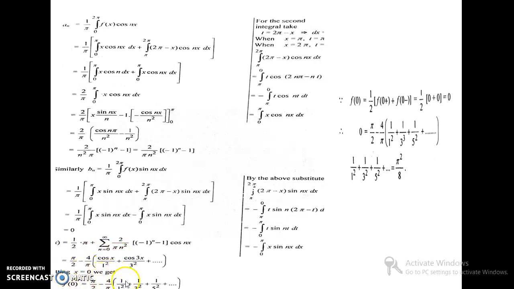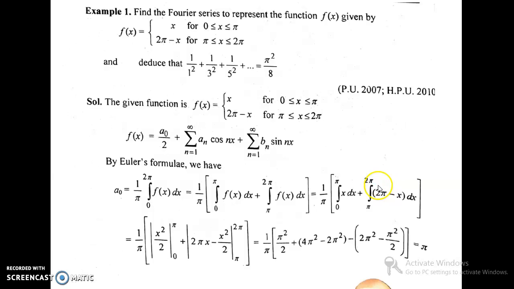When we substitute x is equal to 0, f of 0 becomes 0 and right hand side is equal to this equation. From this one, pi square by 8 is equal to 1 upon 1 square plus 1 upon 3 square plus 1 upon 5 square and so on, as we have to prove in the statement. This is the equation that we are deducing from the Fourier series.